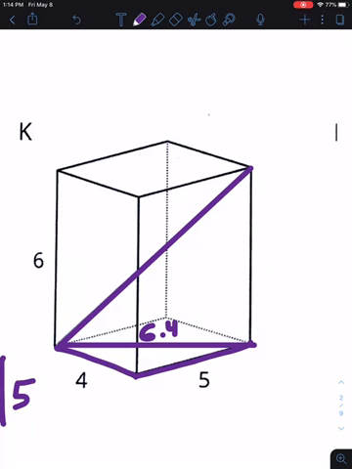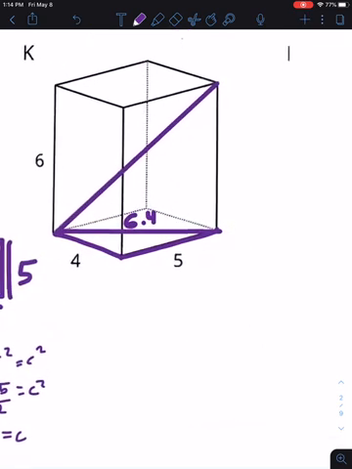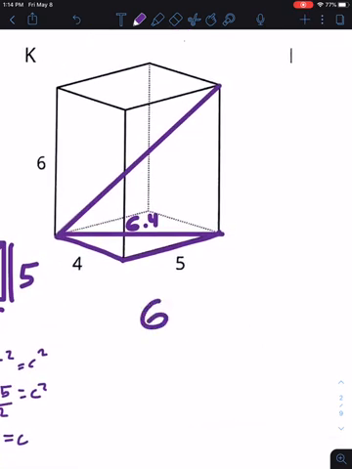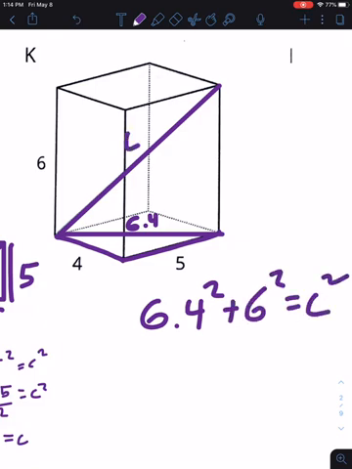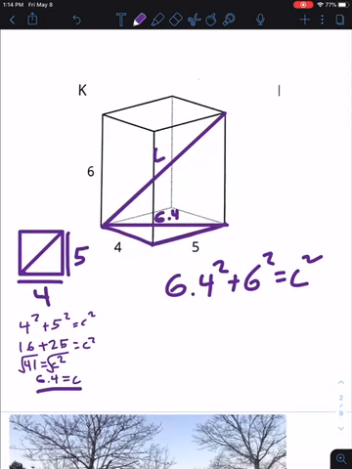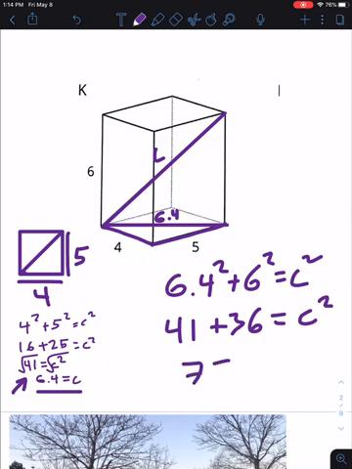Now we can find the actual length of this line using the same thing. 6.4 squared plus 6 squared is going to equal the new c squared. We'll label this c so we know. We already know that 6.4 squared is 41 because we solved it here, so we get 41 plus 36, which is 6 squared, equal to c squared. 41 plus 36 is equal to 77.